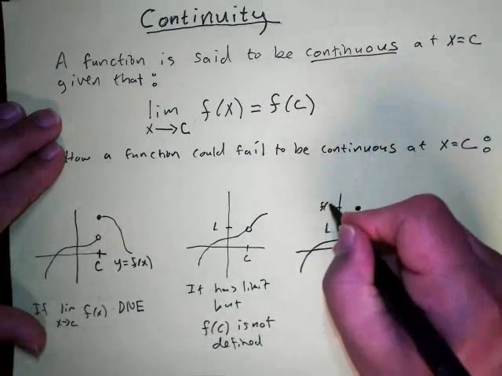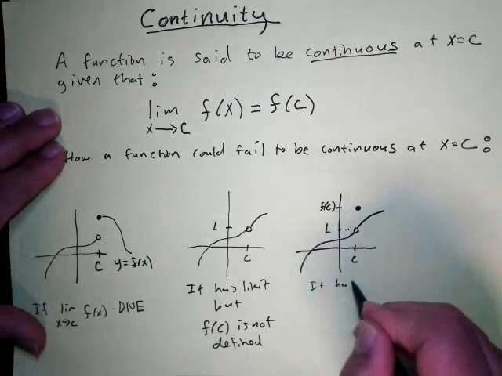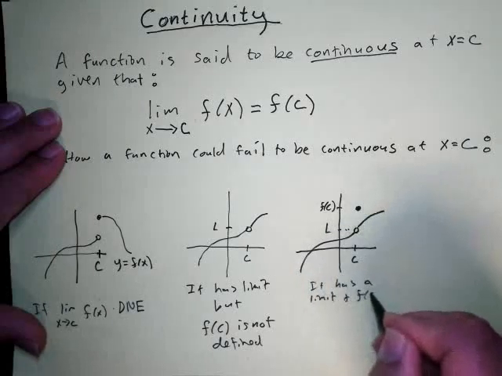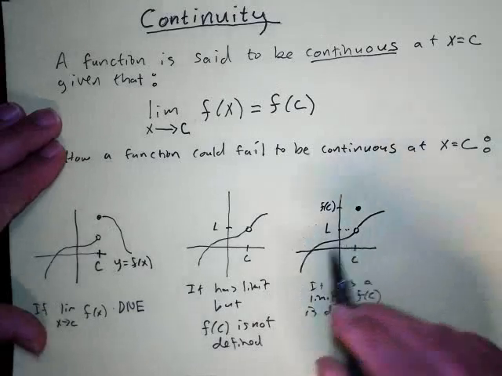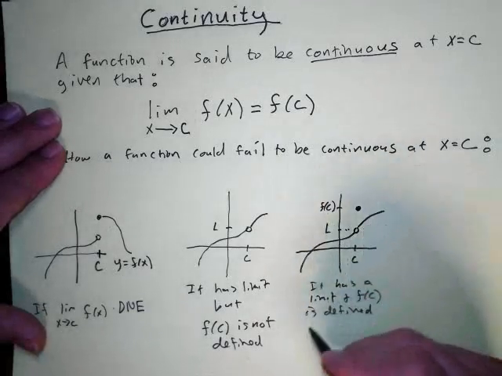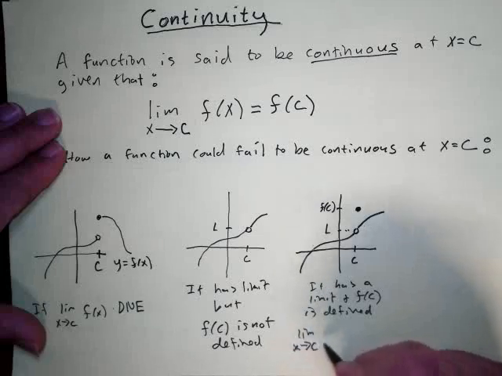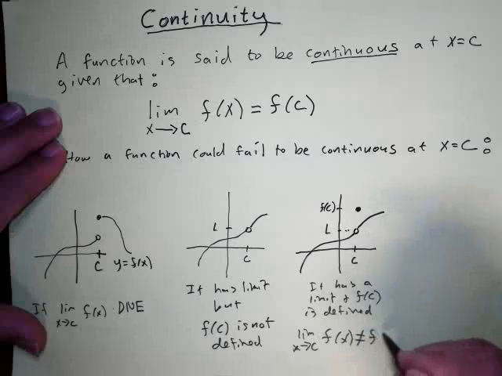This is f of c, right? So here it has a limit and f of c is defined. So what's the problem in this case? The problem would be that the limit as x approaches c of f of x does not equal f of c.